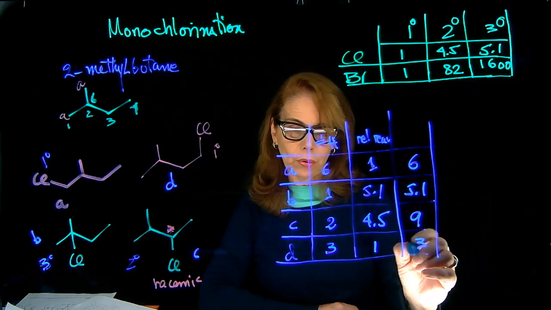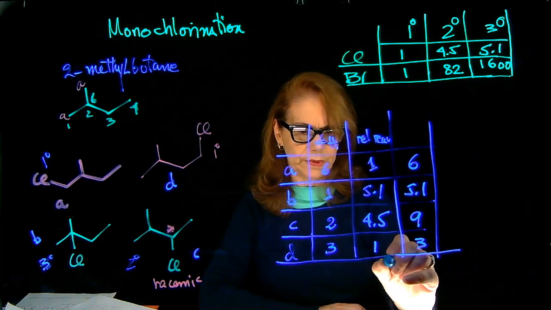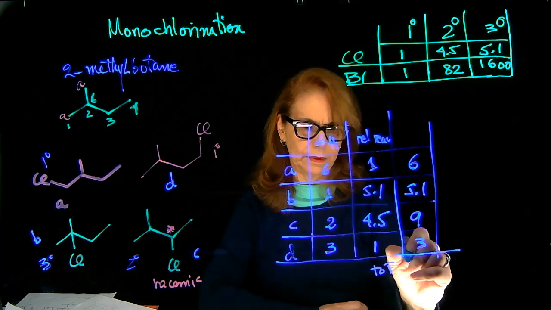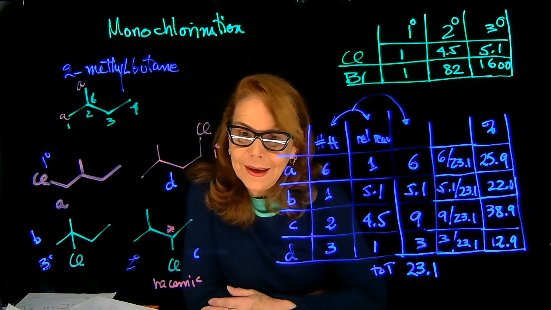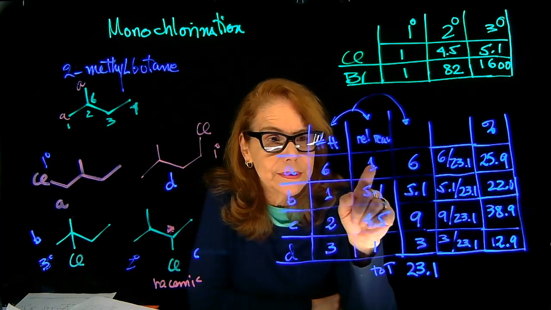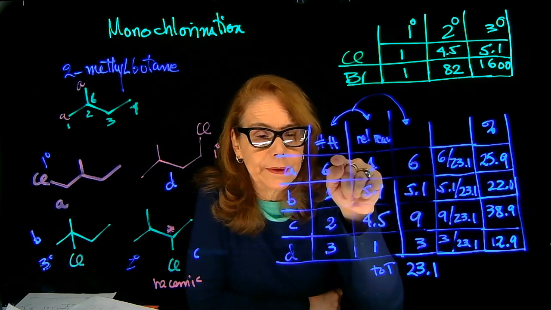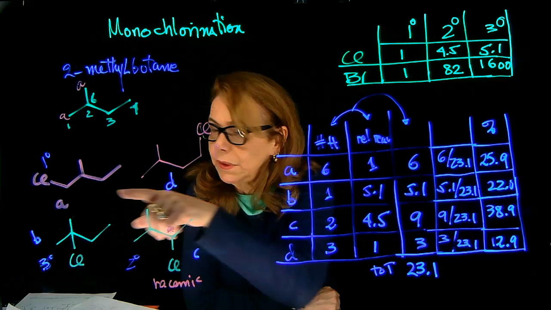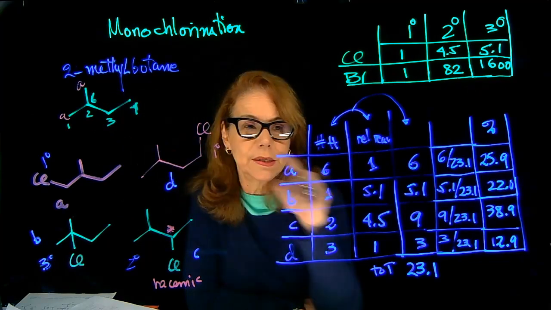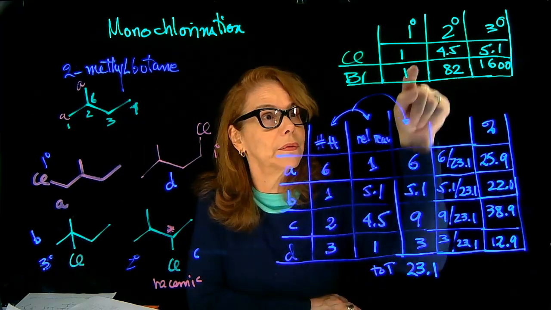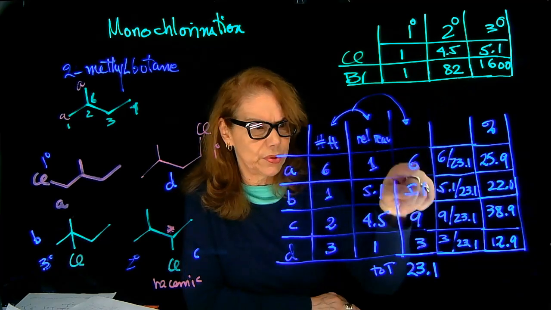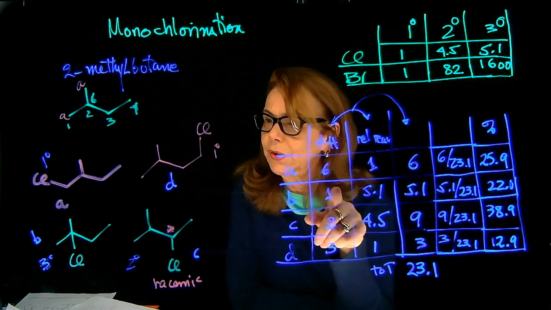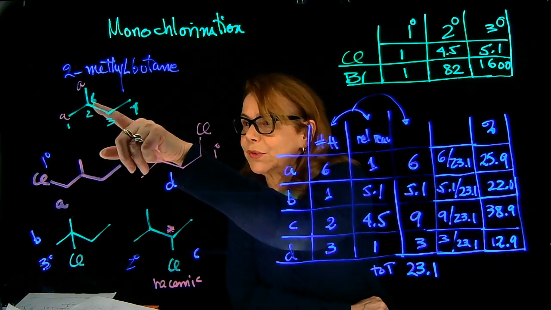Now, the total reactivity, I'm going to add those up here. You're multiplying the number of hydrogens at a given position by the relative reactivity. So these are 6 times 1, the relative reactivity of a primary hydrogen, so that's 6. Product type B is tertiary.